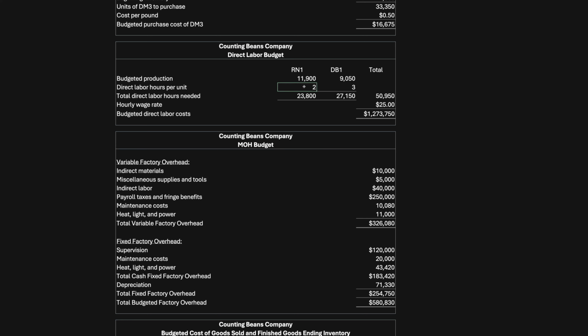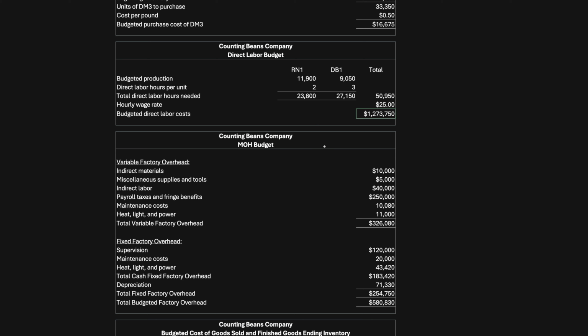It was 2 hours per unit to make one RN1 product, which works out to 23,800 hours. 9,050 units multiplied by 3 hours equals 27,150 for a total of 50,950 hours. Multiplied by $25 an hour, and we get a budgeted direct labor cost of $1,273,750.